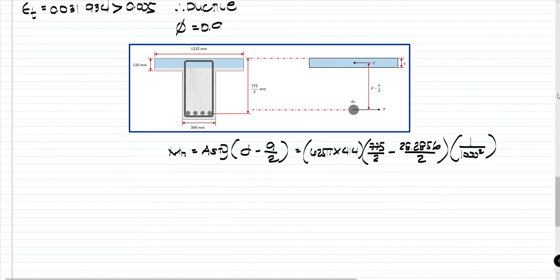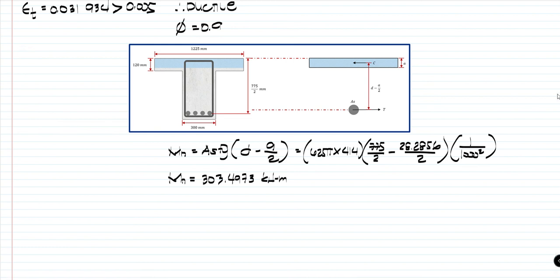So our nominal moment capacity coming from this one will be 303.4973 kilonewton meter.